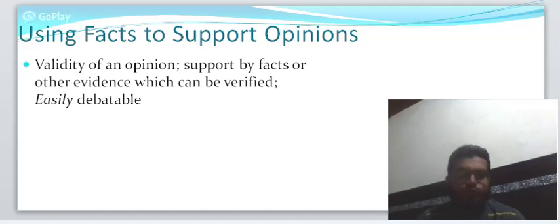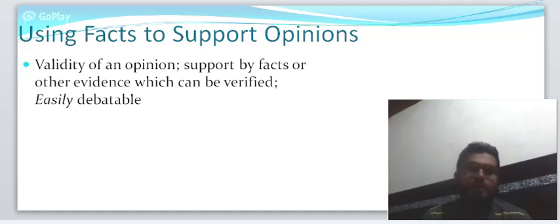So, we have to measure and decide on the validity of those opinions, and the criterion is that if that opinion is supported by facts or other type of evidence, we will accept it as true.